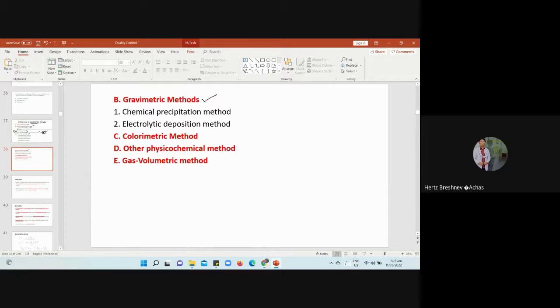Our product will not conform to purity, and most especially the safety, stability, and effectivity of the substance. Okay, so I hope that is clear. And it involves two: we have the chemical precipitation method and the electrolytic deposition method. And if we have time, we will discuss colorimetric method and other physicochemical methods and gas volumetric method. Okay?